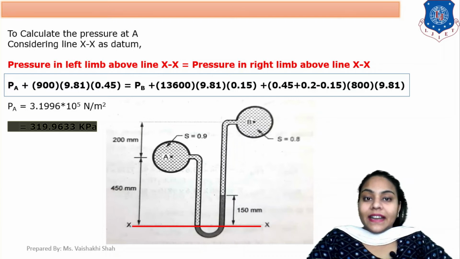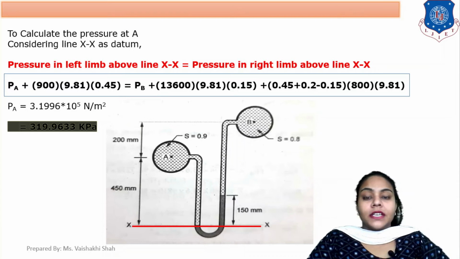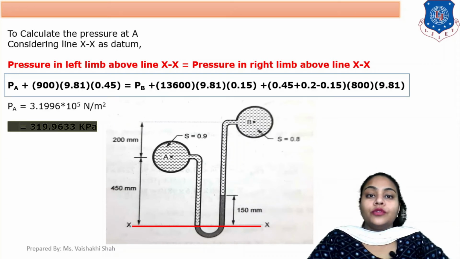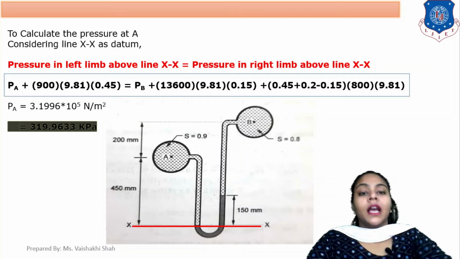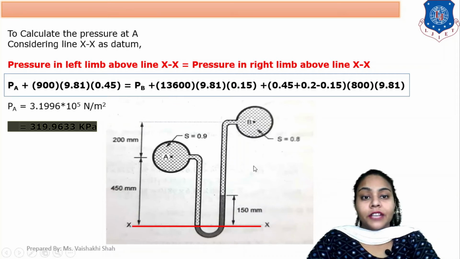Now on the right hand side, first pressure is PB, so PB plus rho 2 g h2, where rho 2 is for mercury, which is 13,600 into 9.81 into 0.15. Now the third pressure is due to the fluid in pipe B, with density 800.